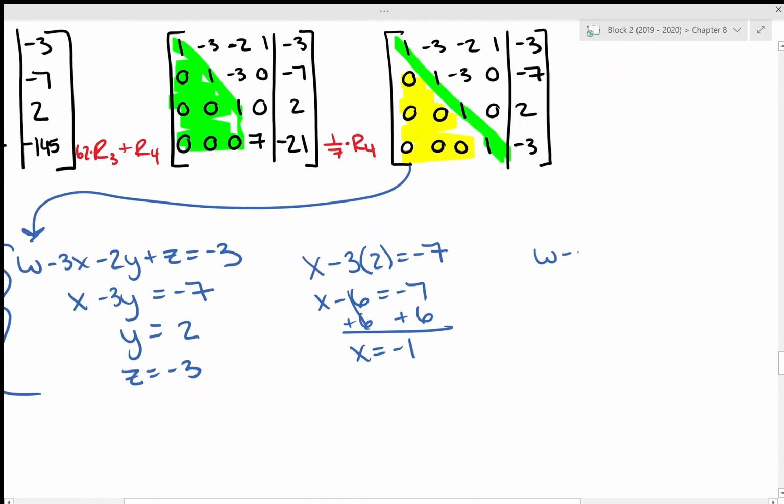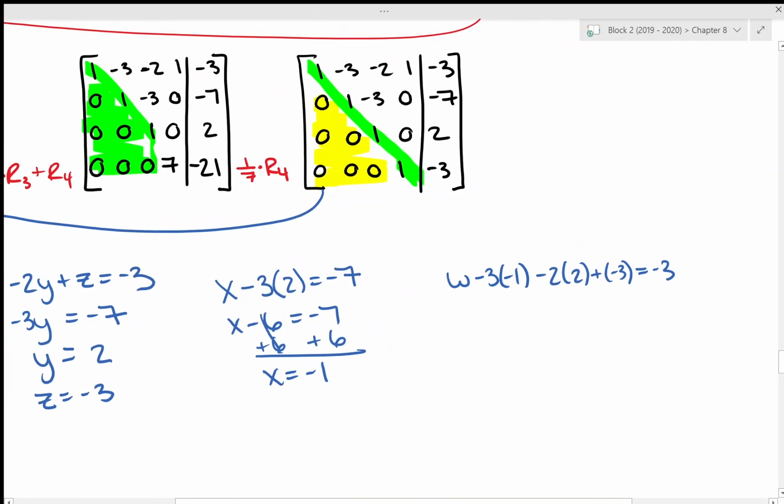Now w minus 3 times negative 1 minus 2 times 2 plus negative 3 equals negative 3. When I go to simplify this, w plus 3 minus 4 minus 3 equals negative 3.